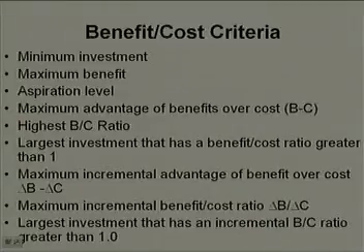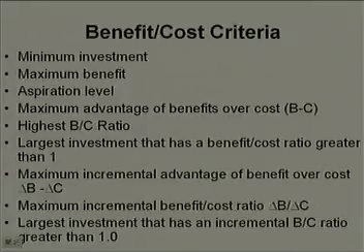Then in one criteria they go for maximum incremental advantage of benefit over cost. That means the alternative would be preferred which has got the maximum delta B minus delta C value. Delta B is the difference in benefit and delta C is the difference in cost.